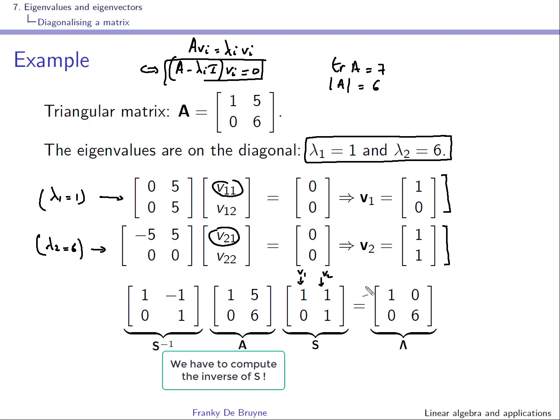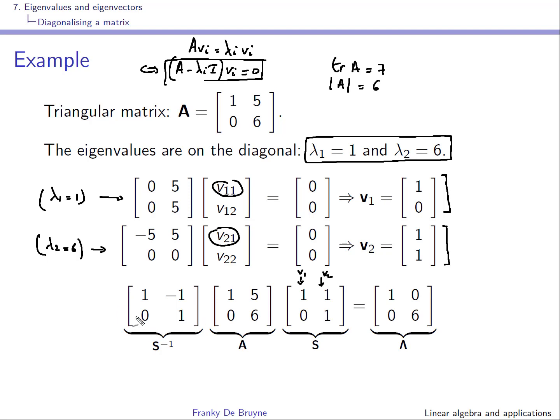Now we need to compute S minus 1, and this is something that you should be able to do. It's 1 over the determinant. The determinant is 1. And then you interchange these two over here, and you have to change sign over here. So this leads to this matrix over here.